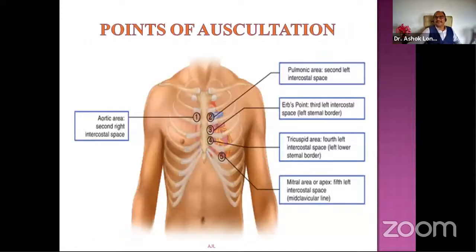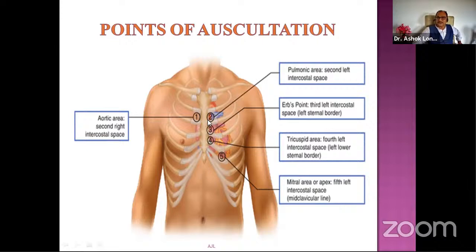So the next point is, what is auscultation, and why is auscultation done on these areas only? Actually, anatomical structure wise, if you take the surface anatomy, this is something funny, you will say. See, this is the sternum.